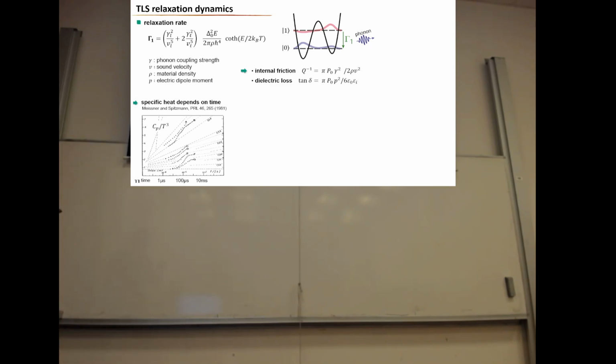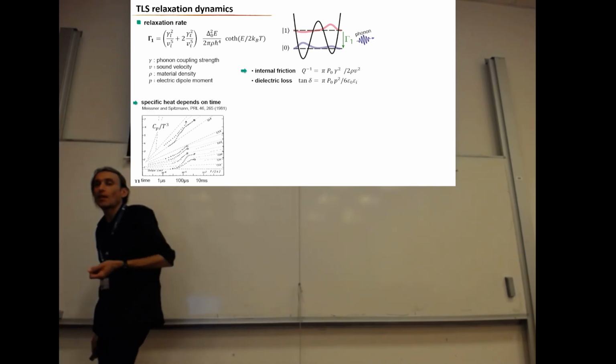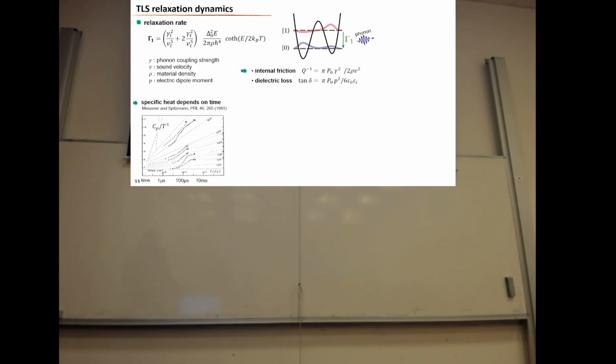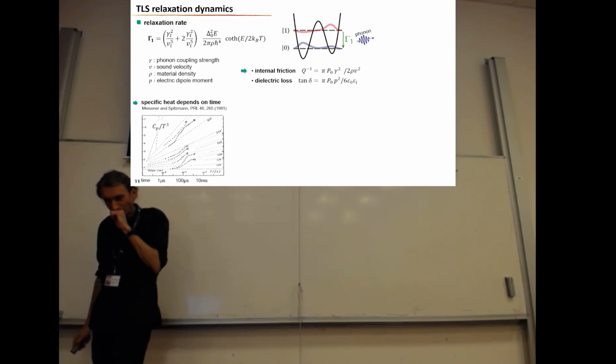And you see that you don't see much specific heat when you use very short pulses. Only when the pulse length is comparable to this relaxation rate will the defects have enough time to respond to the phonons which you applied. And this is, of course, also a very unexpected effect which you don't find in regular crystals, regular materials.